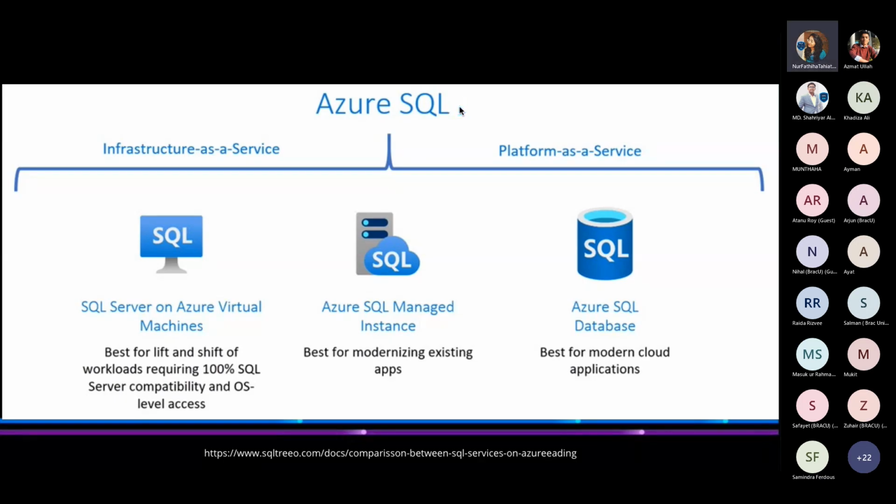Okay. So as I have mentioned earlier, Azure SQL supports two kinds of models: infrastructure as a service, which we call IaaS, and platform as a service, which we call PaaS. Inside the infrastructure as a service, we use SQL Server on Azure virtual machines.